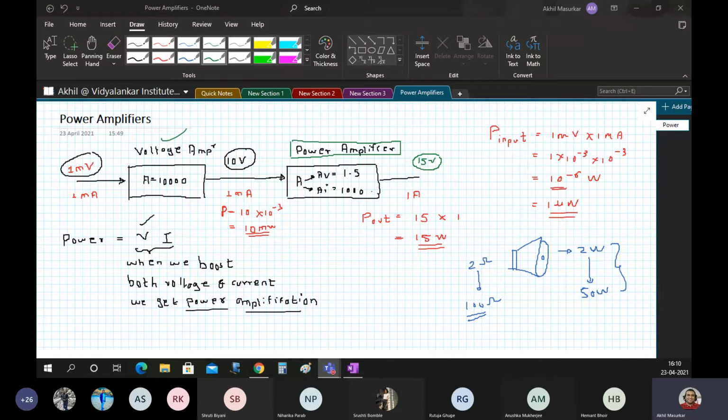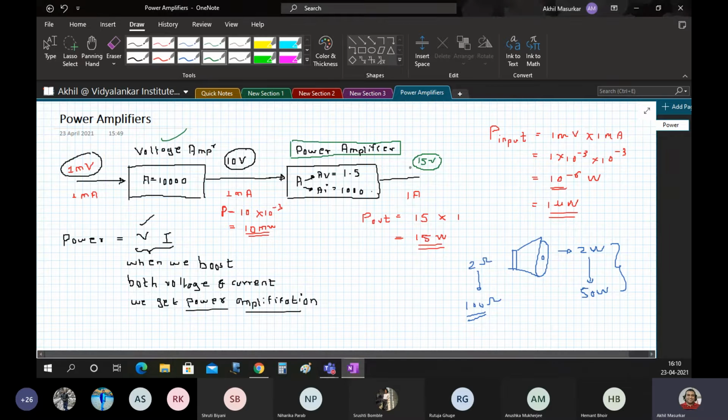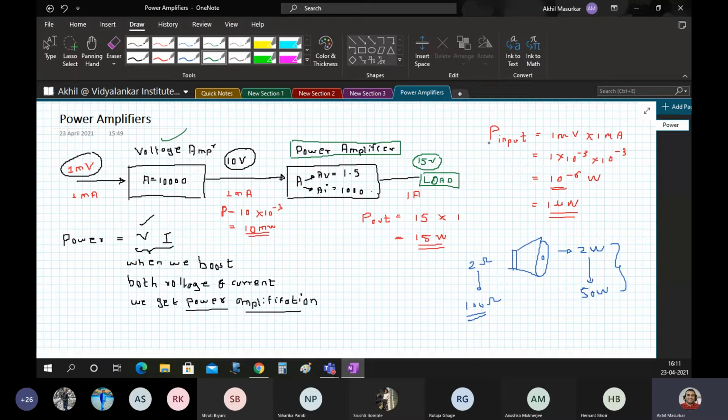Power amplifier is often the output stage of the amplifying system. That means after this stage, we directly connect the load. Load as in it can be a fan, it can be a speaker, it can be anything. Fan is very unusual for this system, but load could be speaker or something.